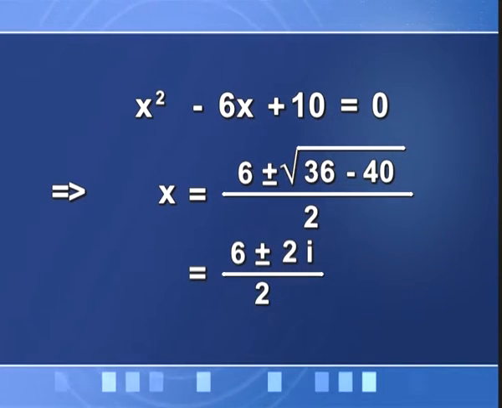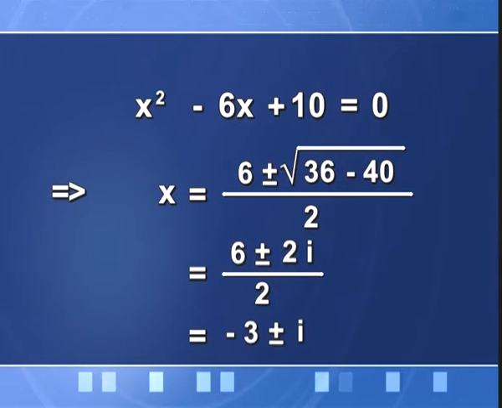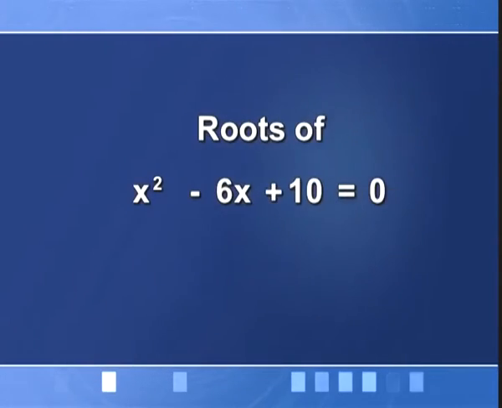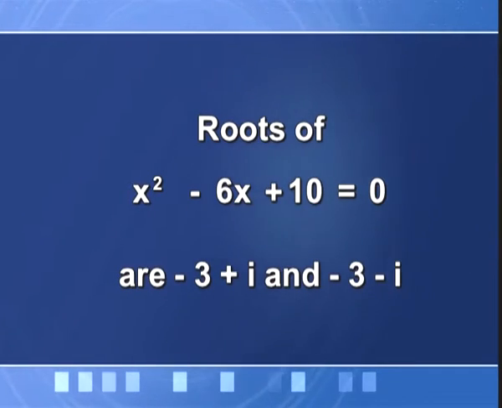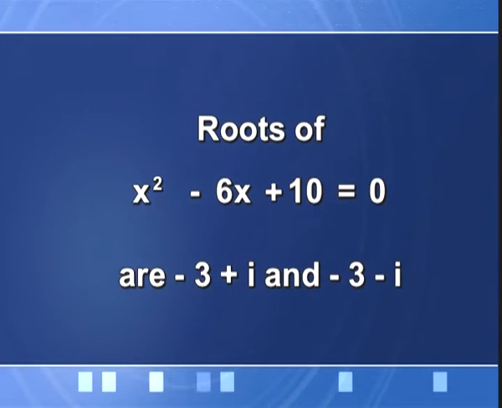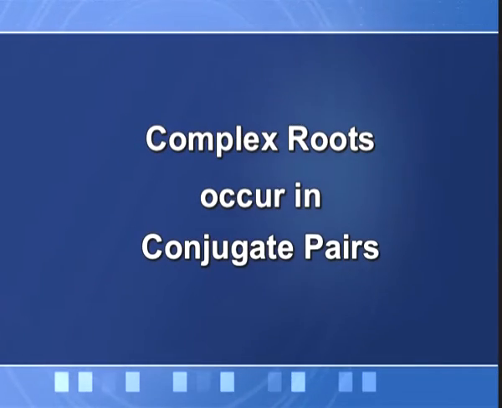So, I get 6 plus minus 2 iota divided by 2, which is 3 plus minus iota. I am getting two roots. One is 3 plus iota, the other is 3 minus iota. Both are complex roots. And what kind of complex roots are these? In case you look at these roots, these are a conjugate pair.